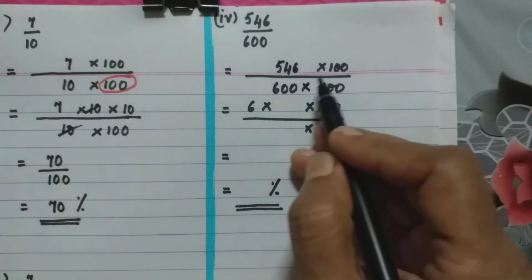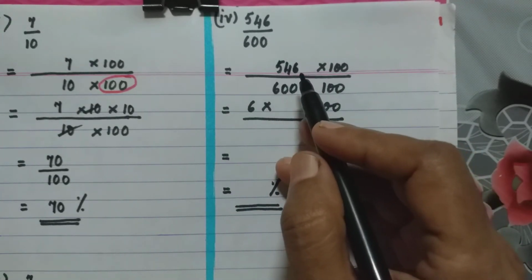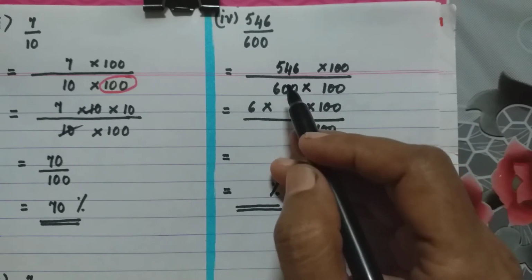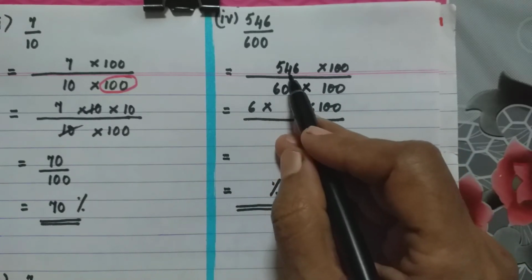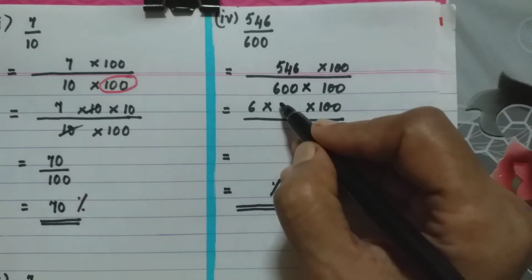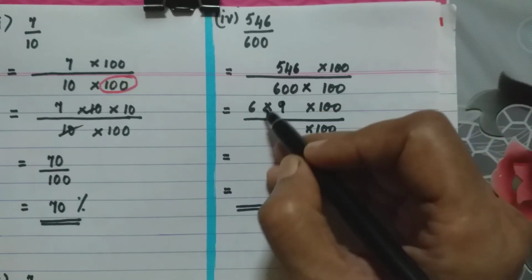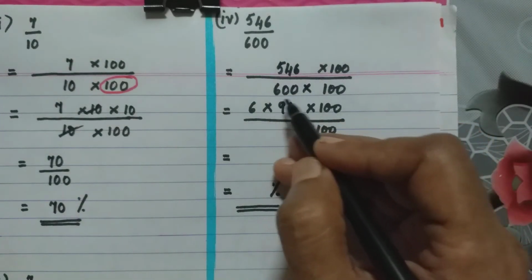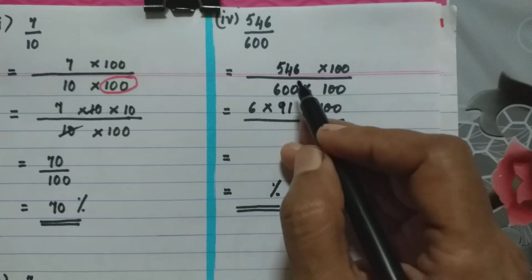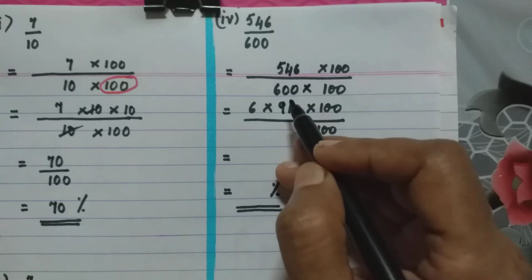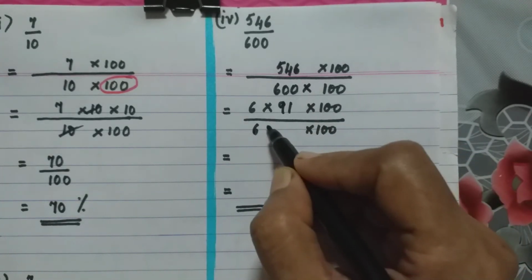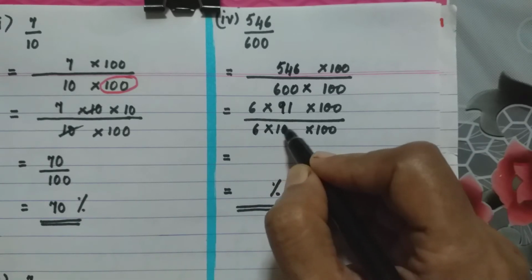Now here 546, I notice that 6 is a factor of it. So when I multiply, 6 goes in 54, 6 nines are 54, so I write 9. 6 goes in 6, 1, so I write 1. I also know that I have here 600, which is 6 into 100, so I can write here 6 into 100.